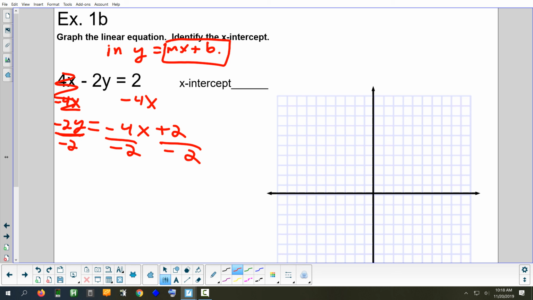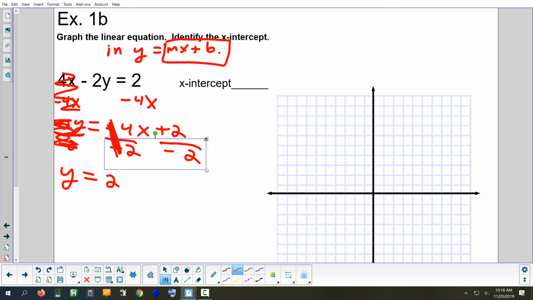-2, -2, -2. Jaden, what's -2 divided by -2? 1. Cancels out. Y equals... what's a negative divided by a negative kind of number? Positive. So these are gone. What's 4 divided by 2? 2.